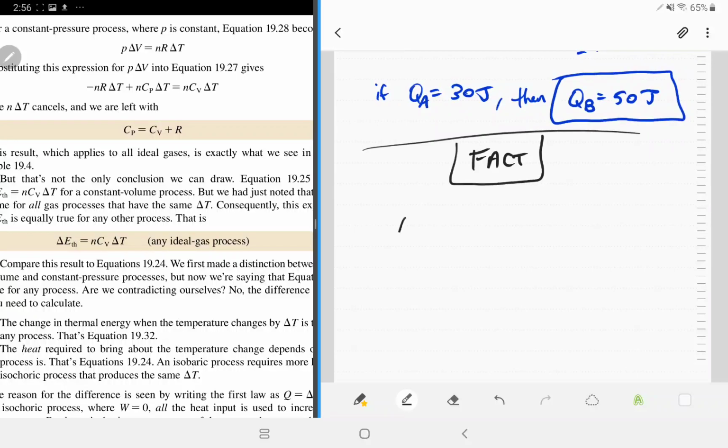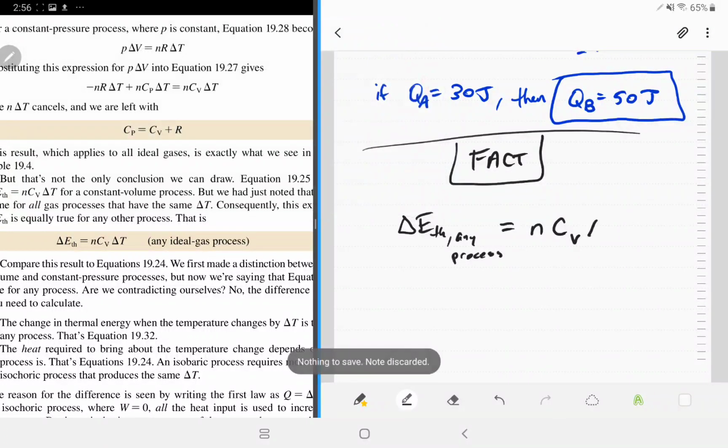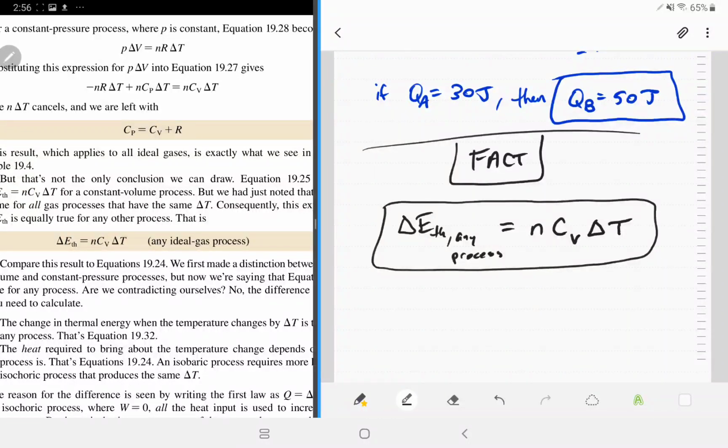So it turns out that delta E thermal for any process is equal to nCV delta T. So if you want to relate Q and temperature, it's Q equals nCV delta T only for an isochoric process.